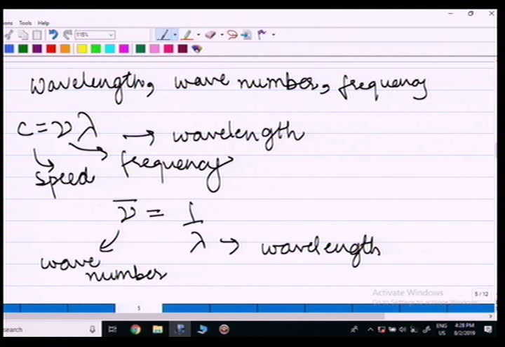Quickly read these formulas, and now we are going to solve some questions based on these. If you want, you can write these down on the top of the paper so that they're handy when you're solving the numericals.